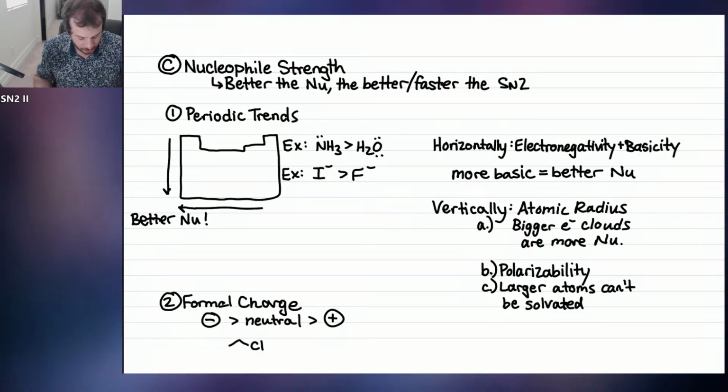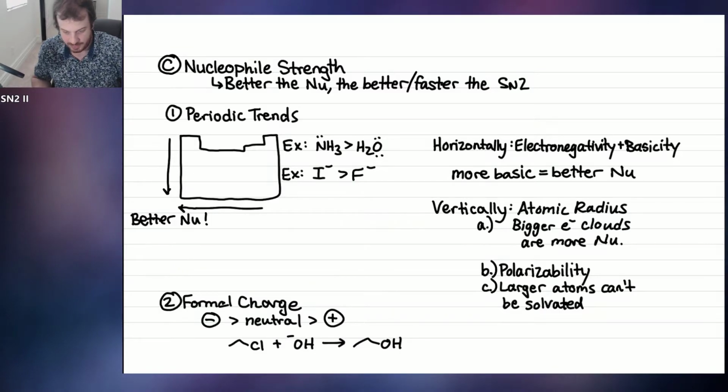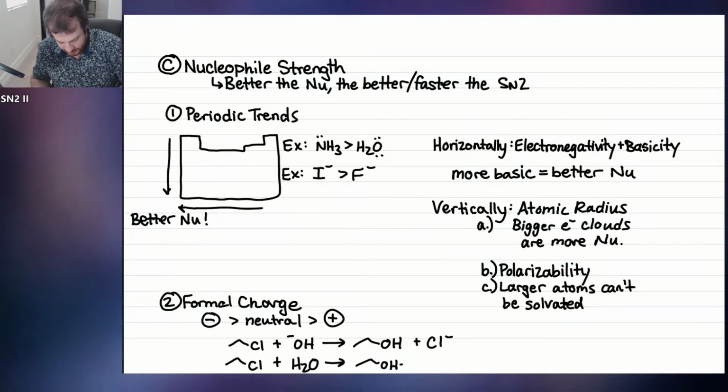You have ethyl chloride plus the hydroxide ion to give ethanol plus Cl minus, versus if you took the same starting material, ethyl chloride plus H2O, to give this protonated alcohol plus Cl minus.